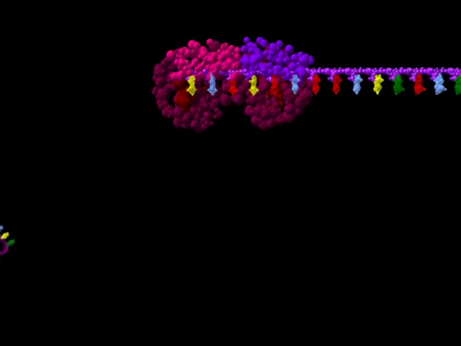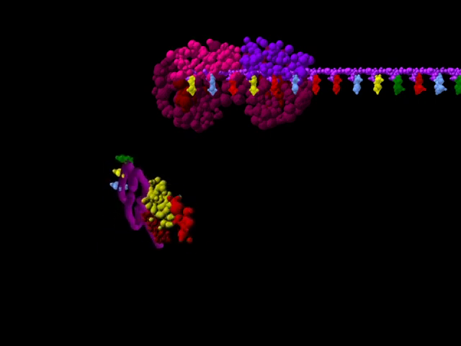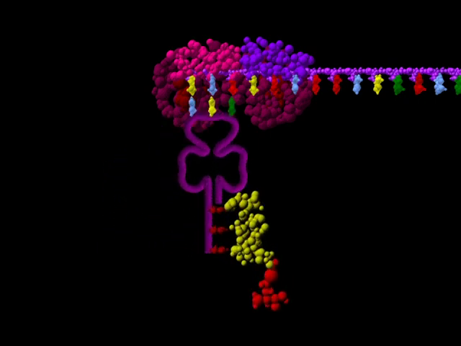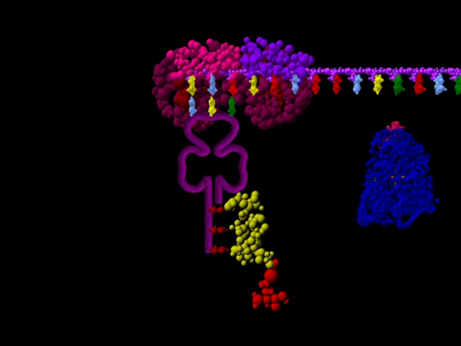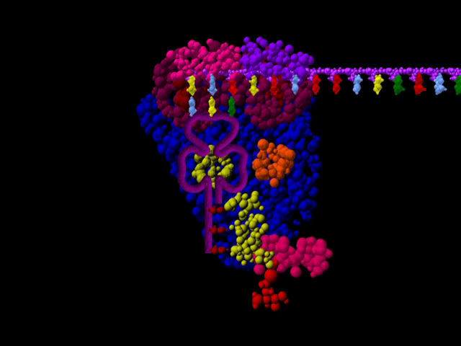So a tRNA carrying methionine and the anticodon UAC forms hydrogen bonds with the start, or AUG, codon. After that occurs, the large subunit attaches to the small subunit, and simultaneously the tRNA attaches to the P site on the large subunit. Now that the ribosome is completely assembled, it is ready to begin the process of protein elongation.